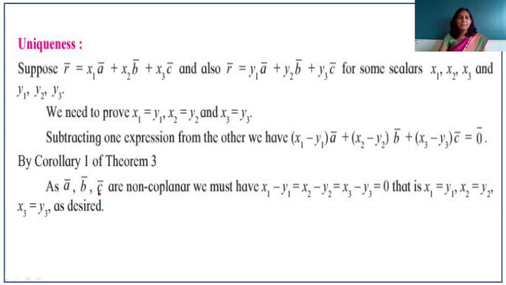As a bar, b bar, c bar are non-coplanar vectors, these scalars are 0. That means x1 minus y1 is equal to 0, x2 minus y2 is equal to 0, and x3 minus y3 is equal to 0. That means x1 is equal to y1, x2 is equal to y2, and x3 is equal to y3. And this is the uniqueness of this theorem.